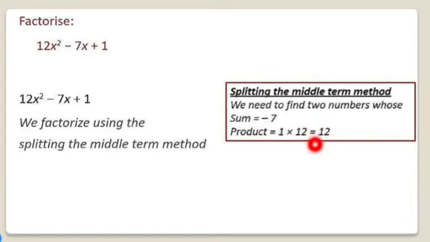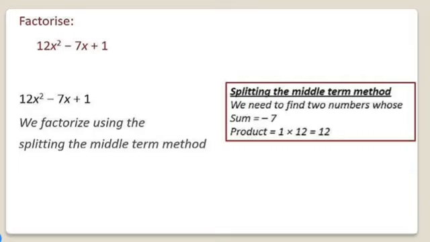So children, observe here the sum is minus 7. That means here it gives a negative sign. So for 12, if we multiply minus 2 into minus 6, we get plus 12.